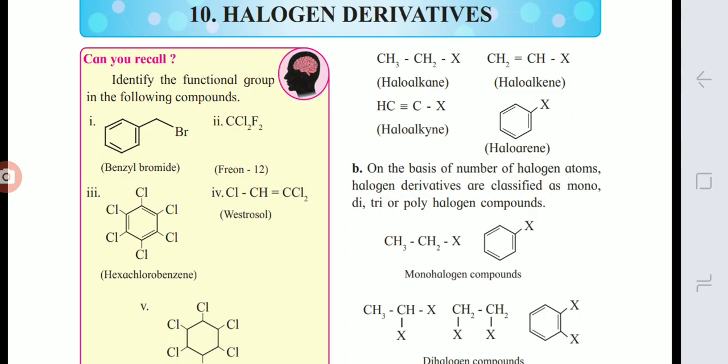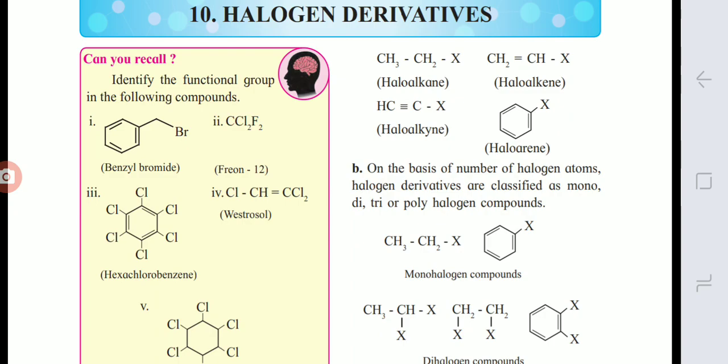Then if your parent compound is an aromatic compound such as benzene, and if you replace the hydrogen from any one carbon, then your compound becomes halobenzene and the class becomes haloarenes.